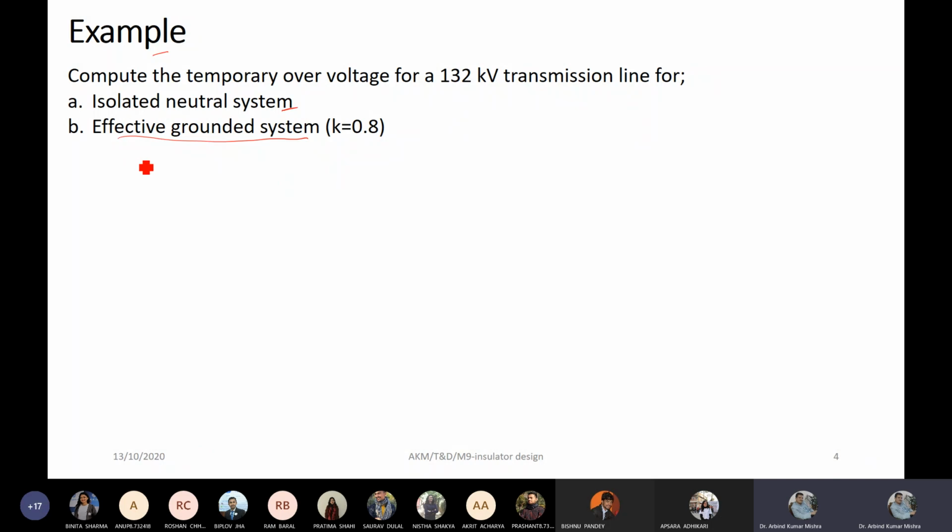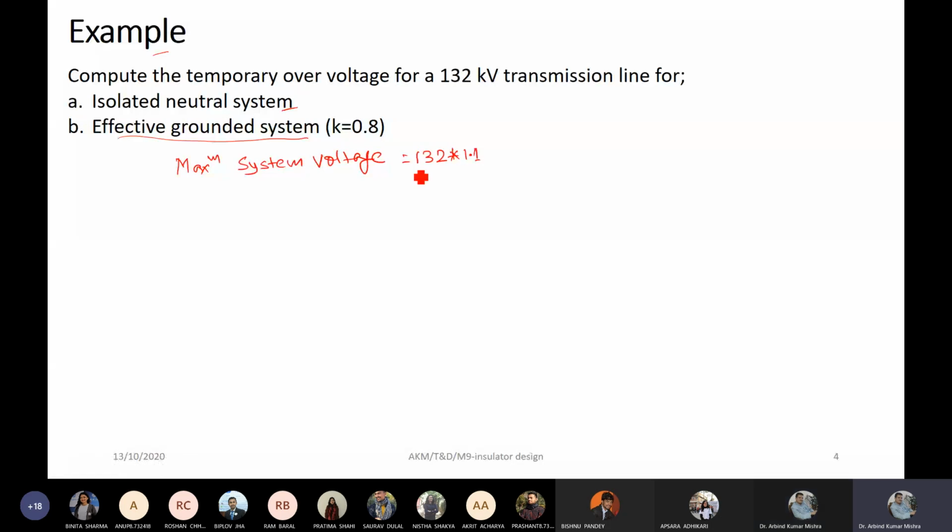First of all, you need to calculate the maximum system voltage, since this is a 132 kV system. The maximum system voltage is 132, and since it is 132 kV, the multiplying factor will be 1.1.